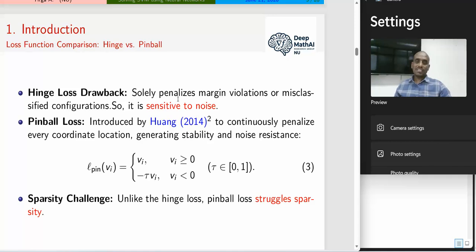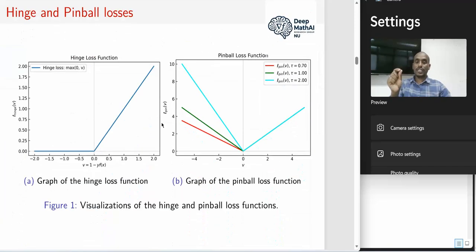So the hinge loss has some problems. Actually, it has a sparsity problem: it only penalizes a few points. As you can see from this figure, the first figure is the hinge loss function. It penalizes the points which are misclassified or which are very close to the boundary, but the other points are not penalized.